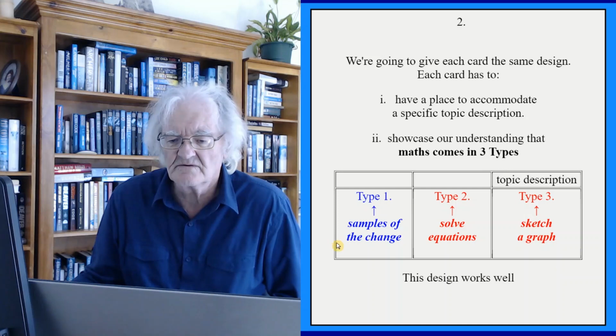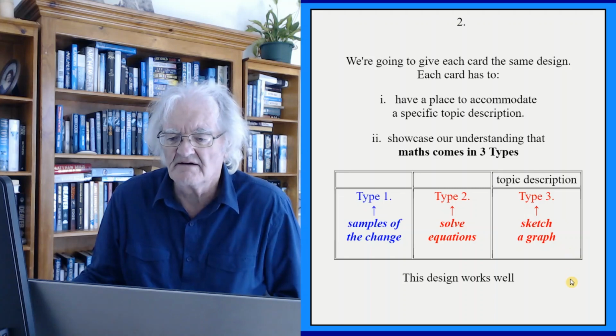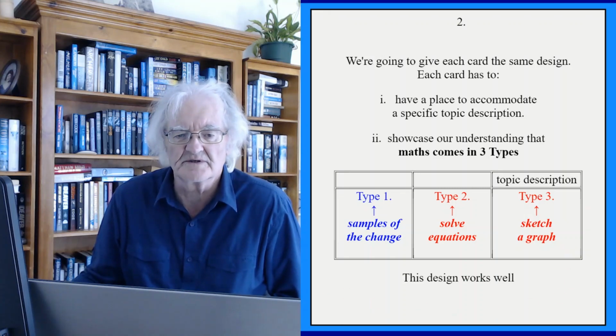Each card will have samples of how the change is relevant, examples of solving equations based on that change, and how a graph illustrates what's behind that change. I've found that this design works well.